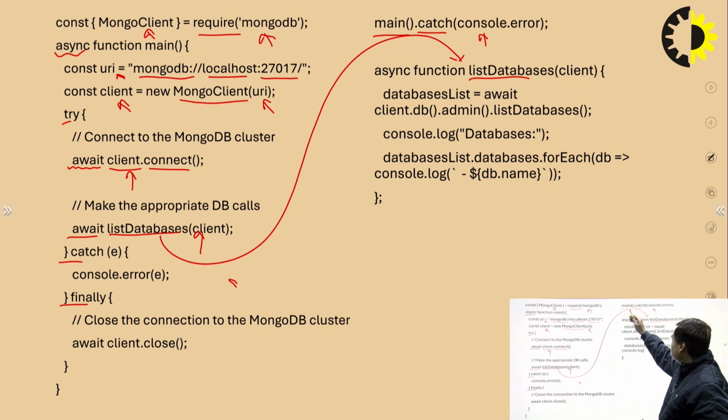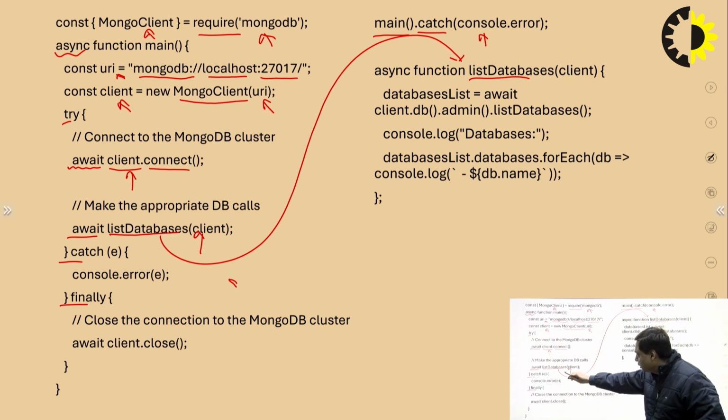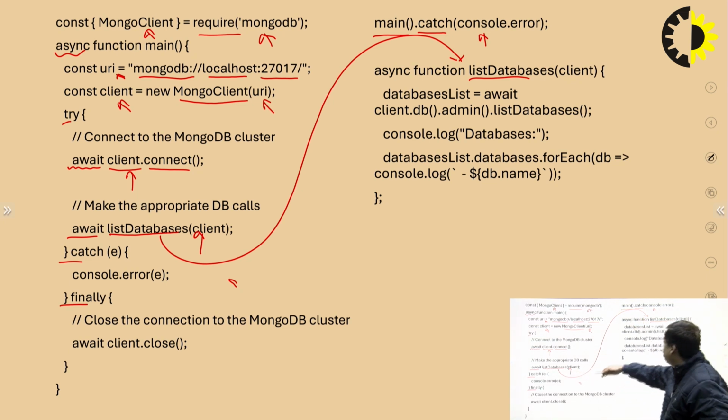So when this function will be called, this list database function will be called, and it will come to here, list databases, and we are passing the client object. The client object will be available here. So what is the next? Next is go to the client. So basically this program is displaying the available number of databases in MongoDB.